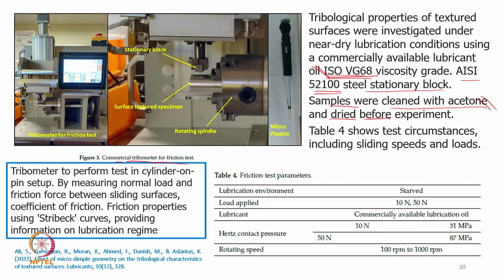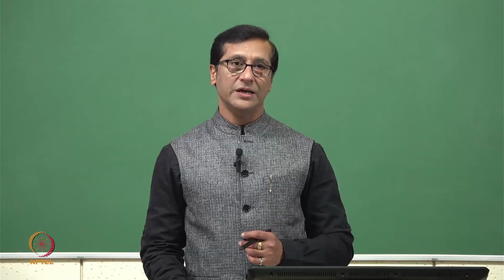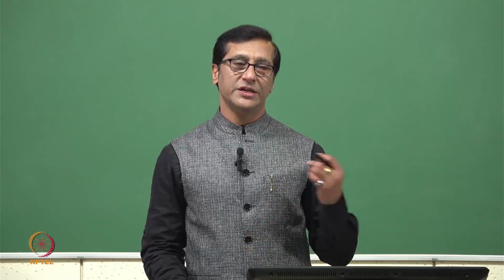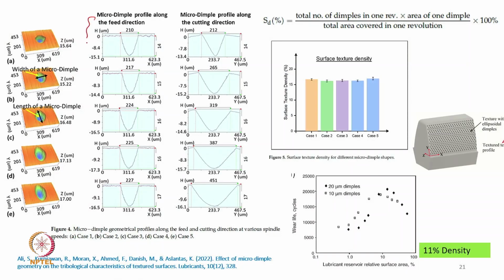And then they found particularly that they can generate this Stribeck curve, and when they supply more oil or lesser oil, they can generate a boundary condition, EHL condition, and hydrodynamic condition. So they can generate all kinds of conditions. However, we are just showing only the starved condition, and they tried different kinds of dimples.